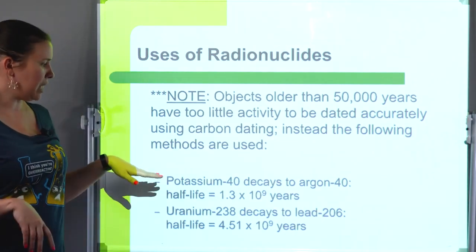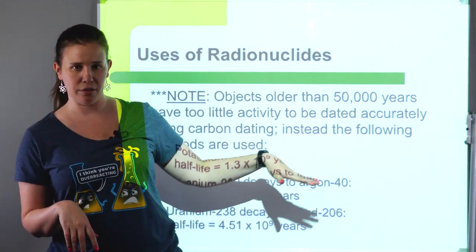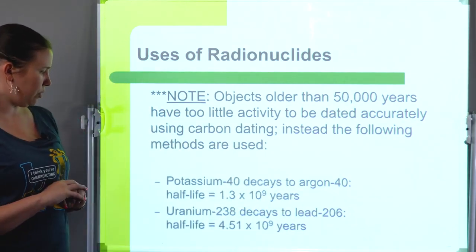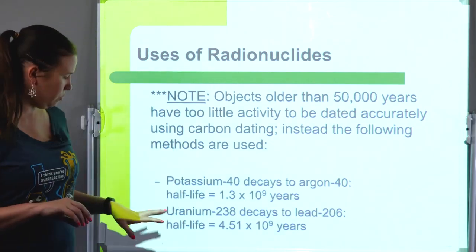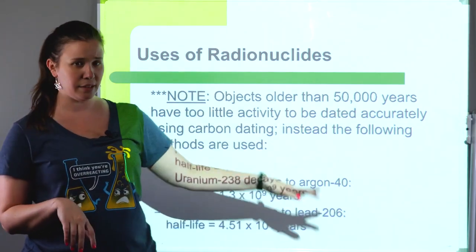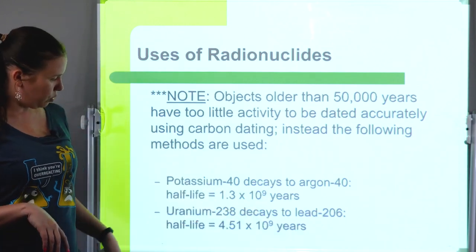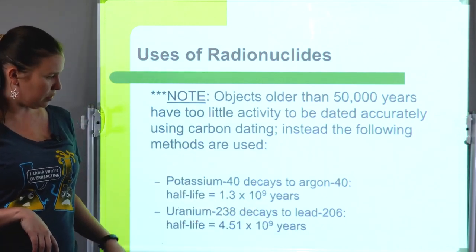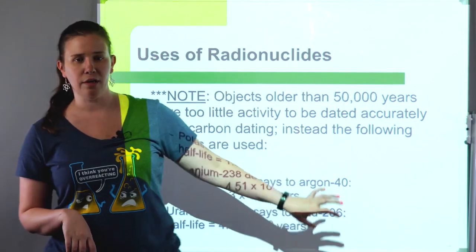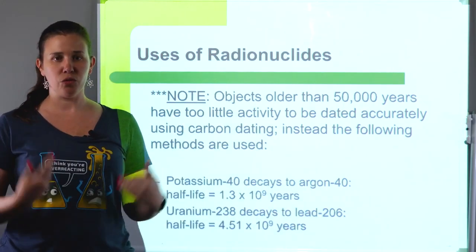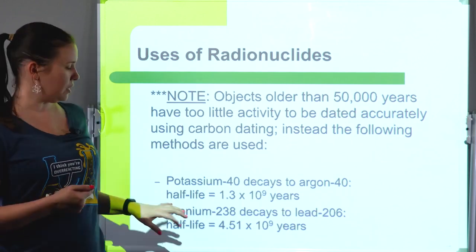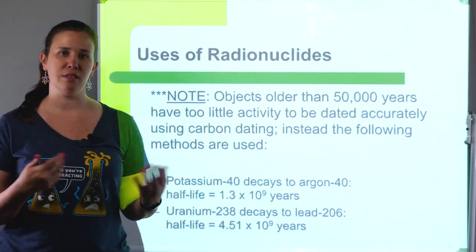The first would be the potassium decaying into argon, which has a half-life of 1.3 times 10 to the 9th years. And then a bigger one would be uranium decaying into lead, which takes 4.51 times 10 to the 9th years. This really long half-life of uranium, by the way, is also why it's a good choice for fuel for nuclear energy, because it takes a really long time for half of it to decay.